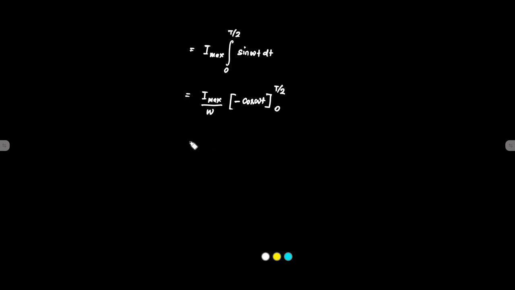We will also take the minus outside, so it becomes minus I max by omega times cos omega t from 0 to T by 2, which is equal to minus I max by omega times cos omega T by 2 minus cos 0.